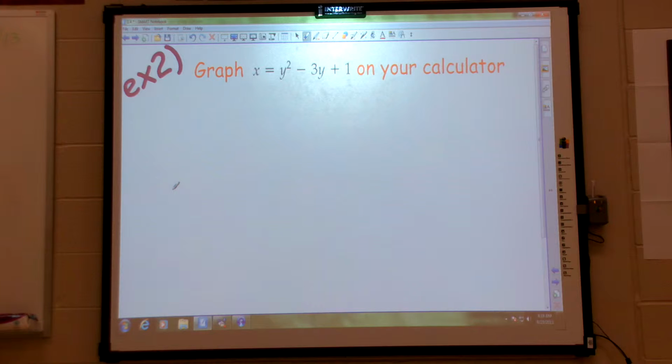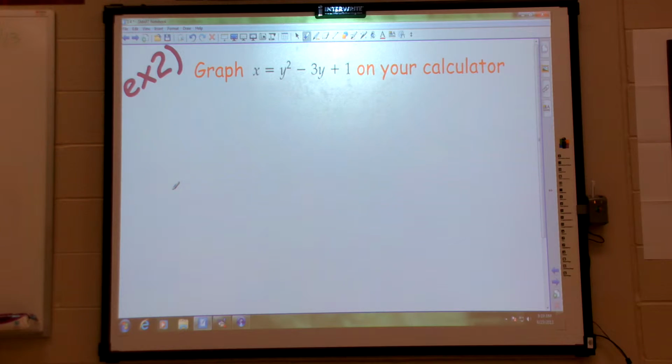Cartesian equation? Try to get y by itself. You can't, correct? Now, you could technically do a lot of work, and we could complete the square. Probably been a while since you've done that. But we could complete the square, but we don't really need to. We can graph in parametric mode.